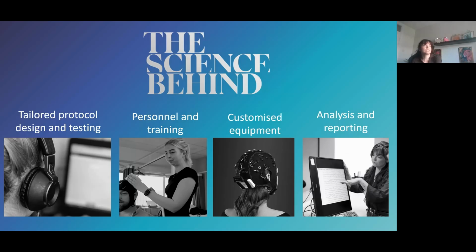We also can put together packages of customized equipment to suit single-site or multi-site studies, so that you can access the hardware and software you need. We can also work with your hardware if you already have existing EEG equipment on site. And then we can provide a suite of different analysis and reporting options.